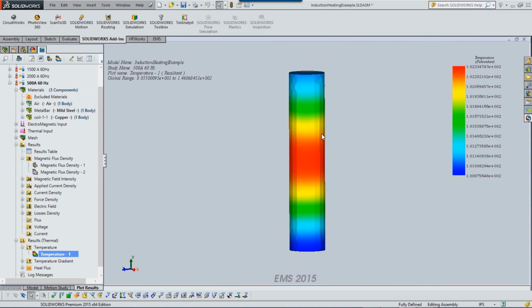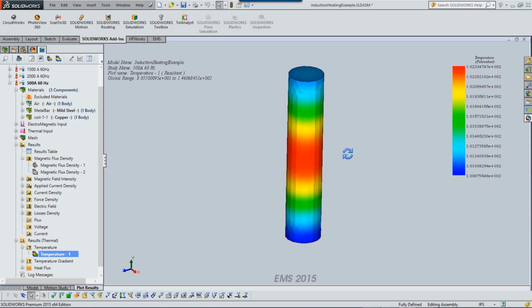And now this can pretty much give you the temperature distribution only on my bar, the maximum and minimum reflecting the ones that are only shown on the screen. So about 100 Fahrenheit or 102 Fahrenheit is the temperature rise in the bar because of my 500 amps current. Obviously that's not something that I'm looking for.